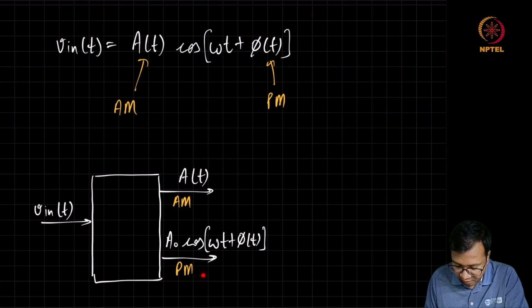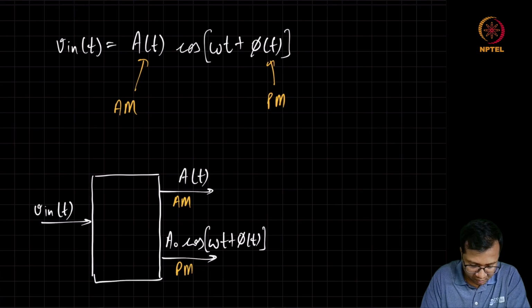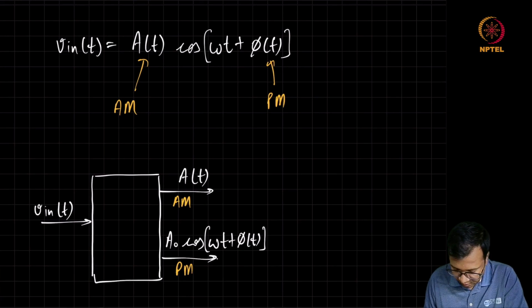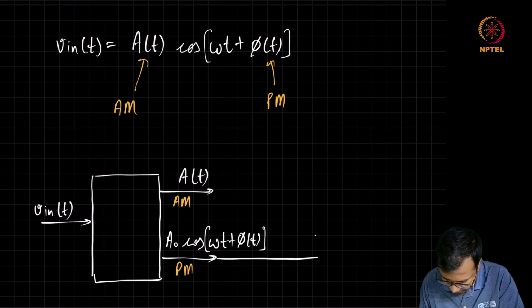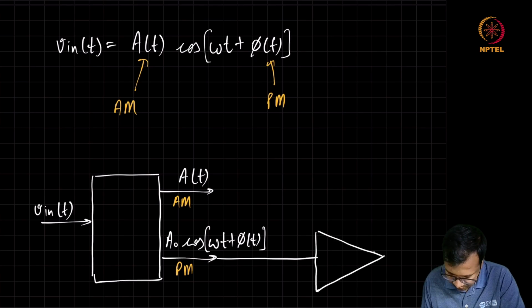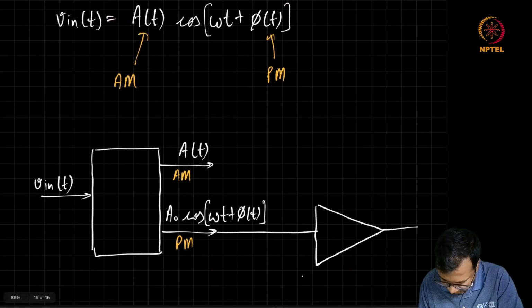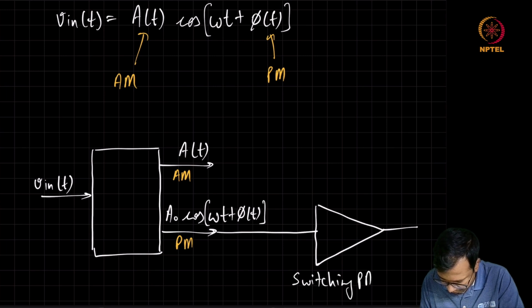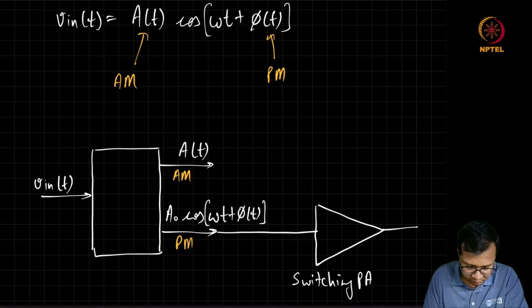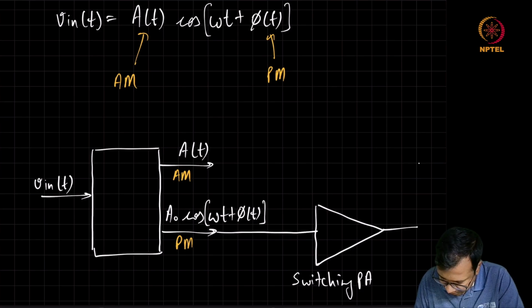So now we can feed this PM signal to the switching PA directly. This is the switching PA, which is driving the antenna.